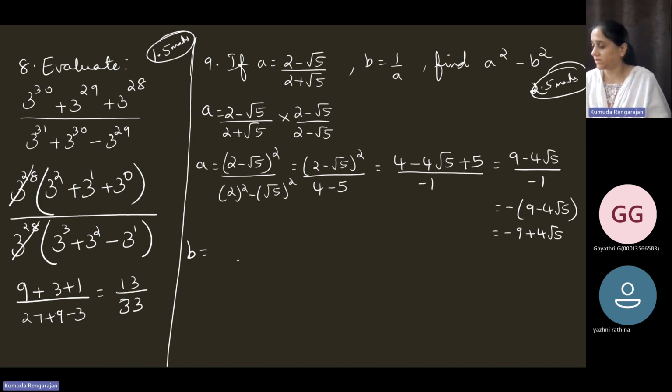B is a reciprocal of a. So you can straight away write 2 plus root 5 by 2 minus root 5 because b is the reciprocal of a.